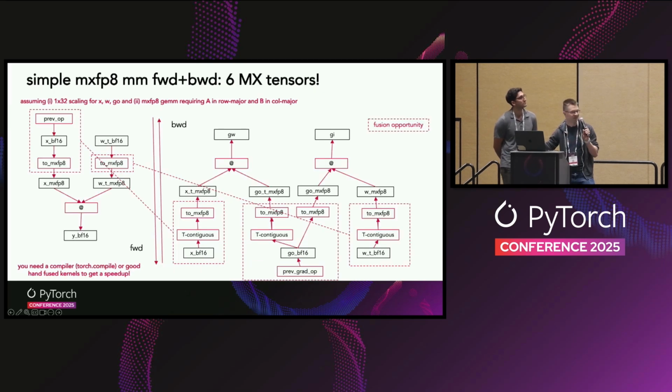So in the picture, you can see there's 6 to-mxfp8 kernels here. So you really need to fuse your kernels, either with a compiler such as torch compile or by handwriting the fused kernels relevant to your model, to get a speedup over bfloat16.